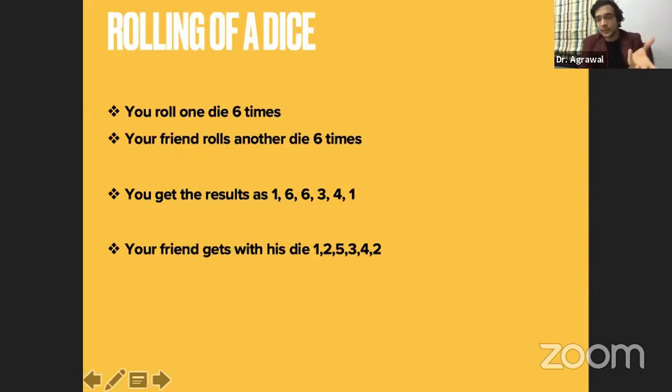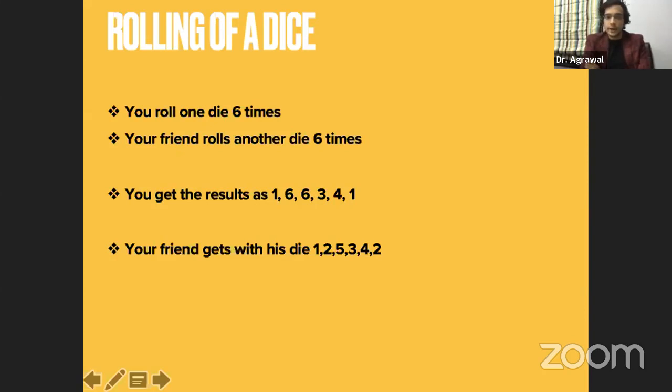Suppose you apply your test and get a p-value from it. It'll show whether you getting six twice in these six rolls is just by chance, or whether there is some special weight that you have used so that it comes on six. So that's the value of a p-value.